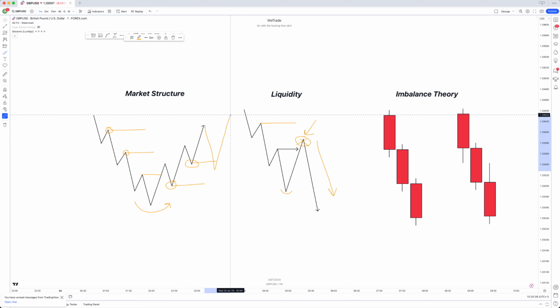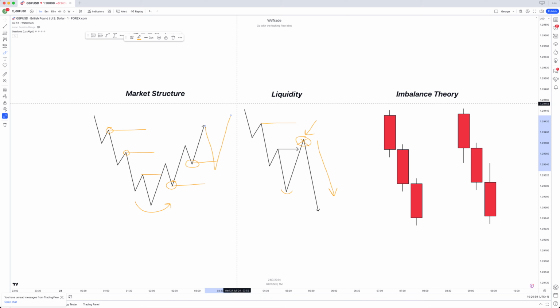Okay, so market structure tells us which direction the market's moving in and when it's changing direction. Liquidity tells us the points at which the market can change direction, okay, where the fuel is for us to take to actually fuel these moves, to fuel these market structure shifts and these market structure expansions, okay?